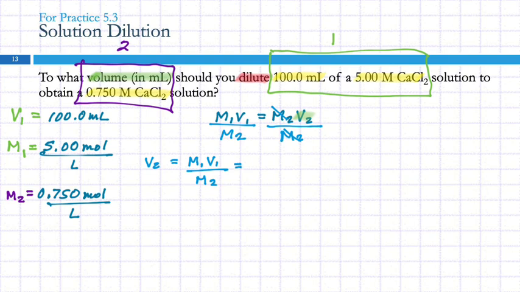So the molarity of solution 1 is 5.00 moles per liter. The volume of solution 1 is 100.0 milliliters. And the molarity of solution 2 is 0.750 moles per liter.